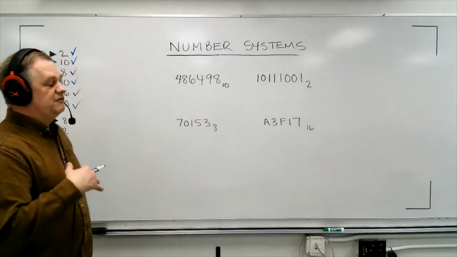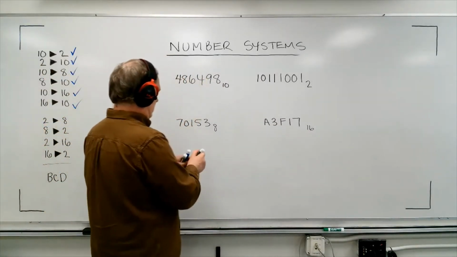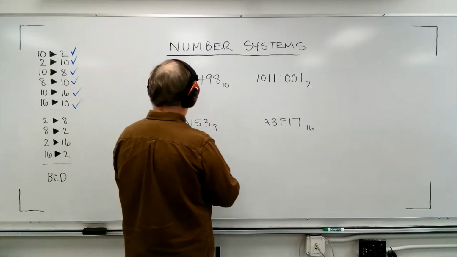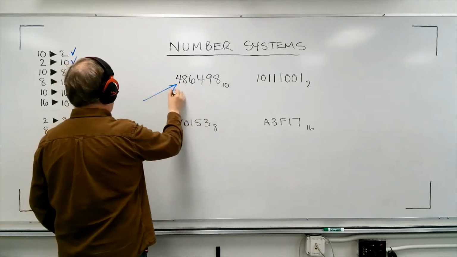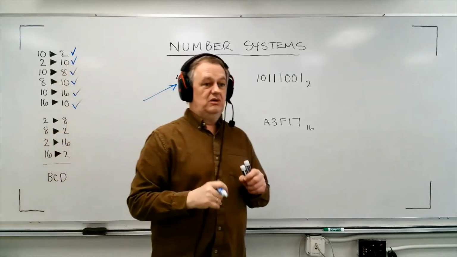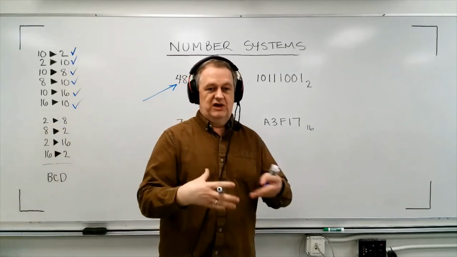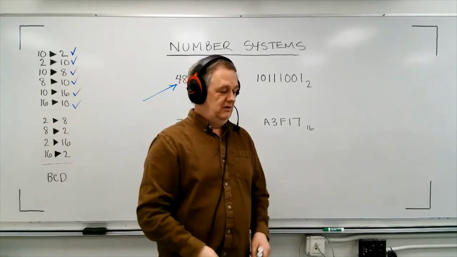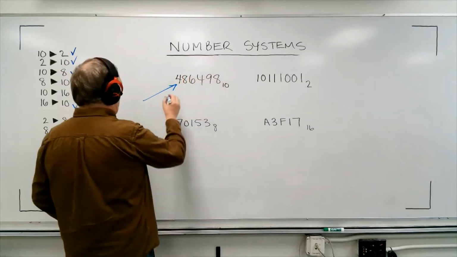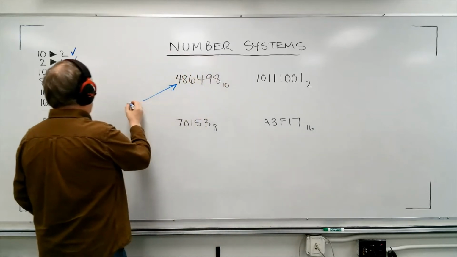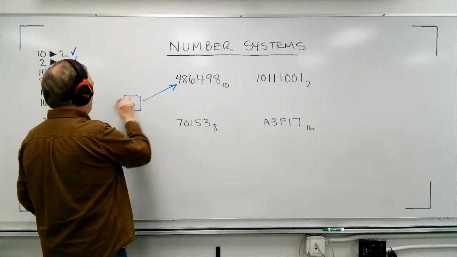Now, from all the information that I've given you so far, here's what I want to do. I want to ask you a very specific question. For the base 10 number, how many actual items, if I was counting literally one of those, one of those, one of those, whatever they are, apples, acorns, rice, whatever you want to count, how many actual items would be represented by the 6 in this number?